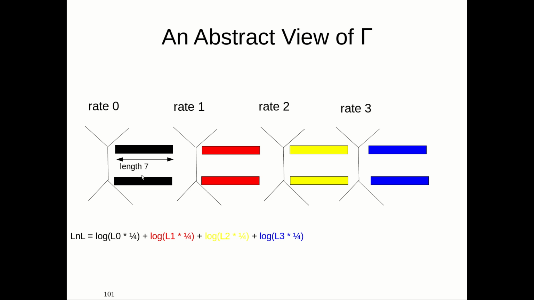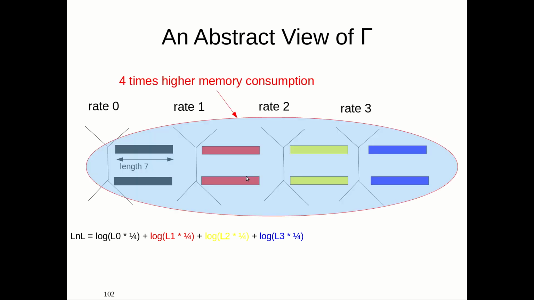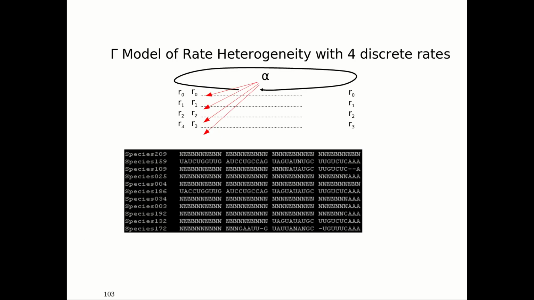So every rate contributes 1/4, because we have 4 rates, so each contributes equally to the overall likelihood. So why am I showing you this? Well, if I use a gamma model of rate heterogeneity with 4 discrete rates, this means four times higher memory consumption because I need to store conditional likelihood vector entries for each of those 4 discrete rates.